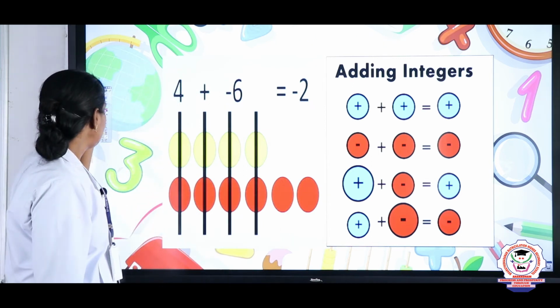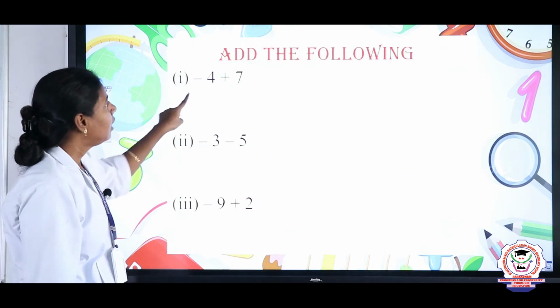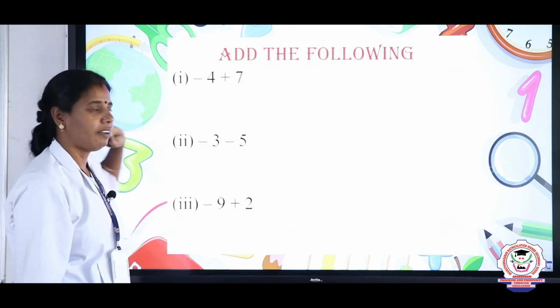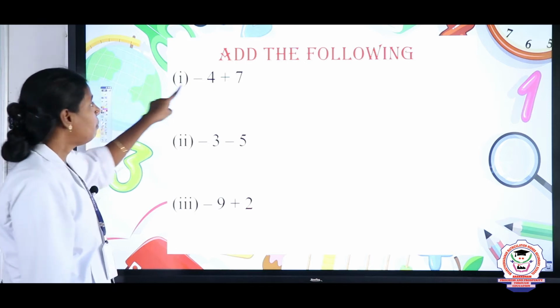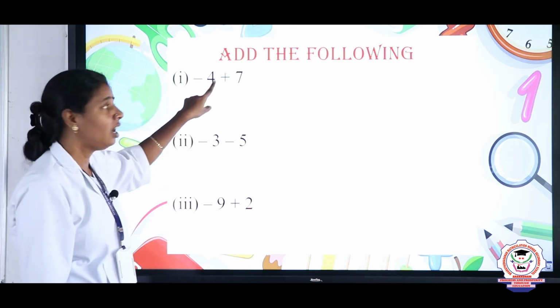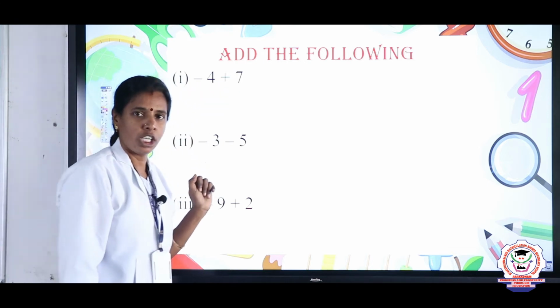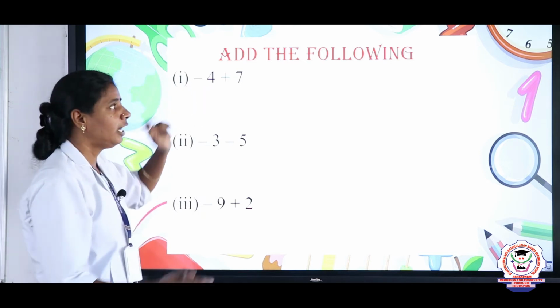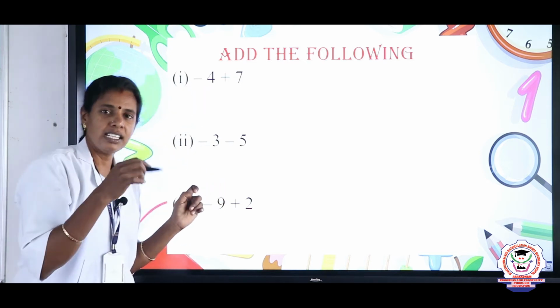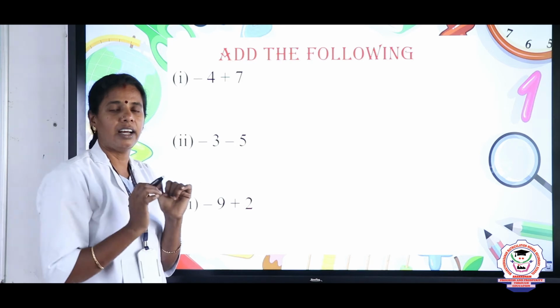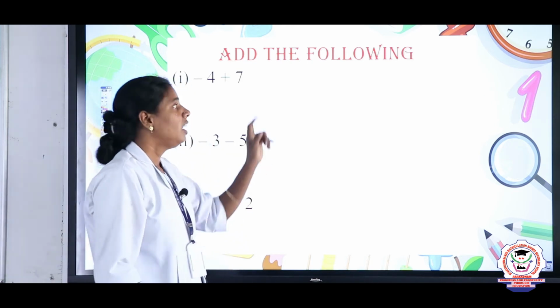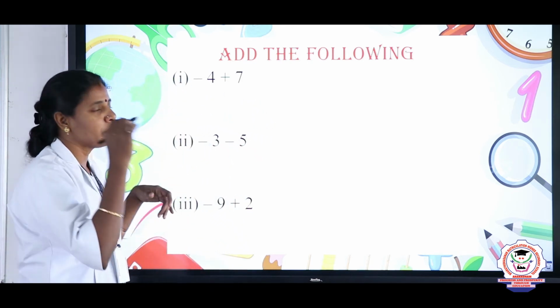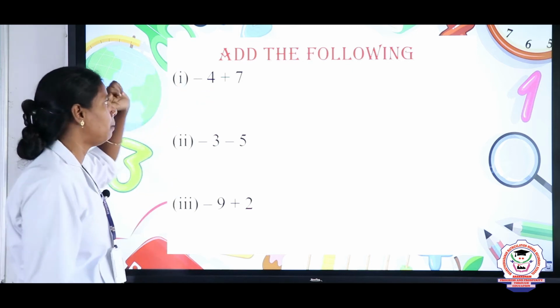See, the next example is minus 4 plus 7. Here minus 4 is a negative integer and plus 7 is a positive integer, right. Already I told you, using the color circles, yellow and red, indicates positive and negative. Here we will take a negative symbol and a positive symbol for the given number.